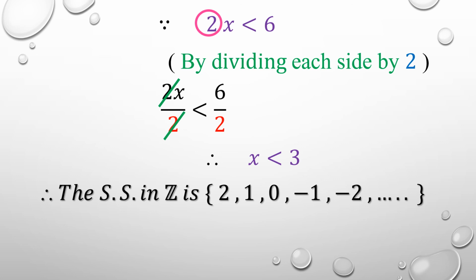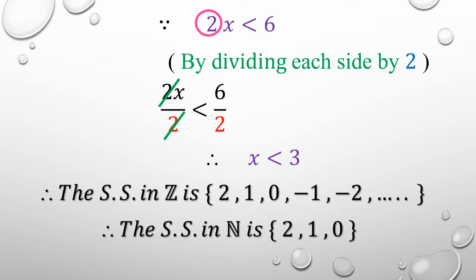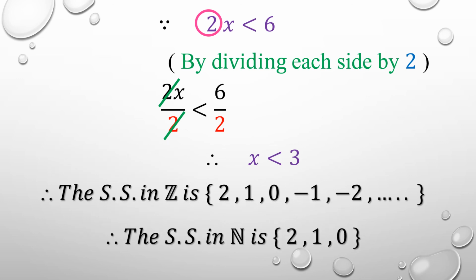But I want the solution set in the natural numbers. So the solution set is all the natural numbers less than 3. So the answer will be 2, 1, 0 only, okay? Because the natural numbers start with 0. So I want all the natural numbers less than 3, so I write 2, 1, 0. Okay? Thanks for listening.